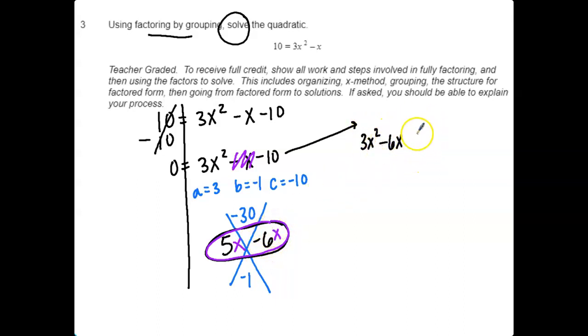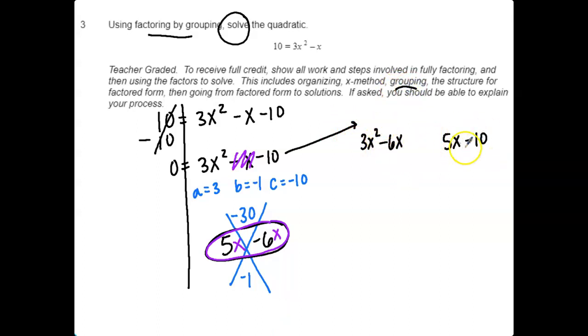I'm going to leave a little bit of space here, and then I should have 5x and then minus 10. So remember, it does not matter the order that you put your side numbers in as b terms.